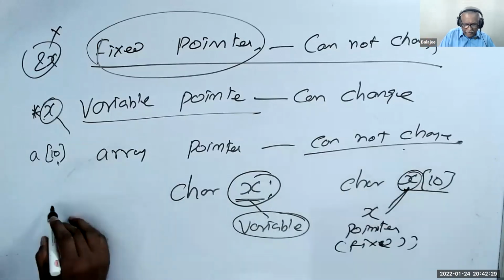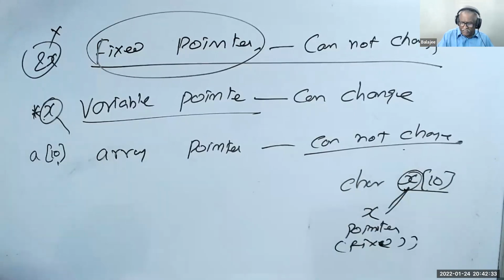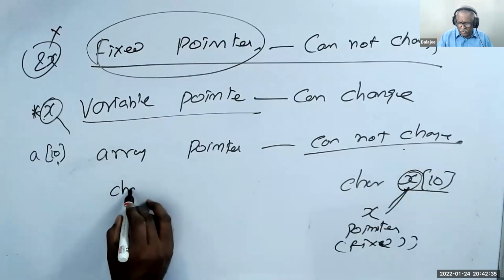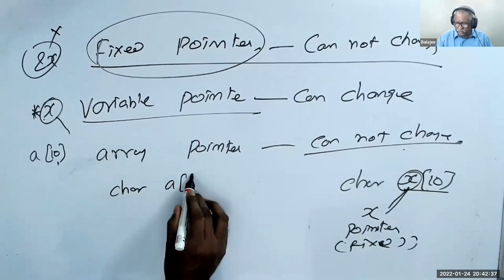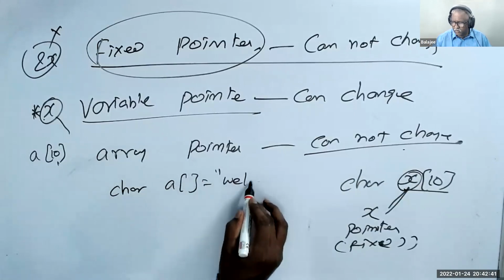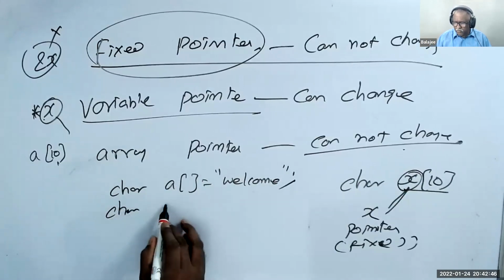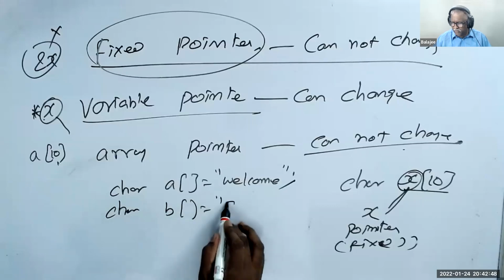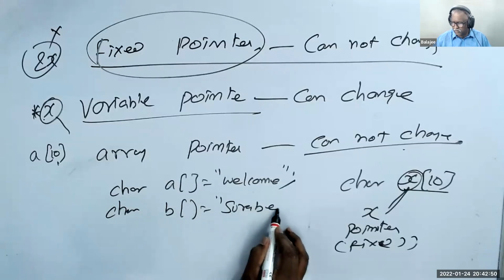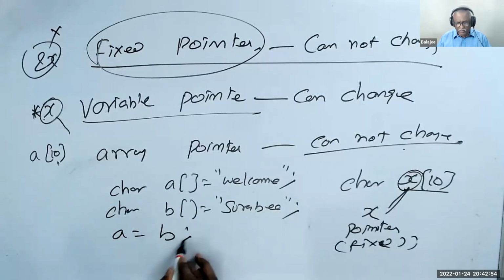That's why, in the previous session, I told you about a program. I had written a program: char A[] is equal to welcome, char B[] is equal to Surabhi. If we say A is equal to B, what is A?